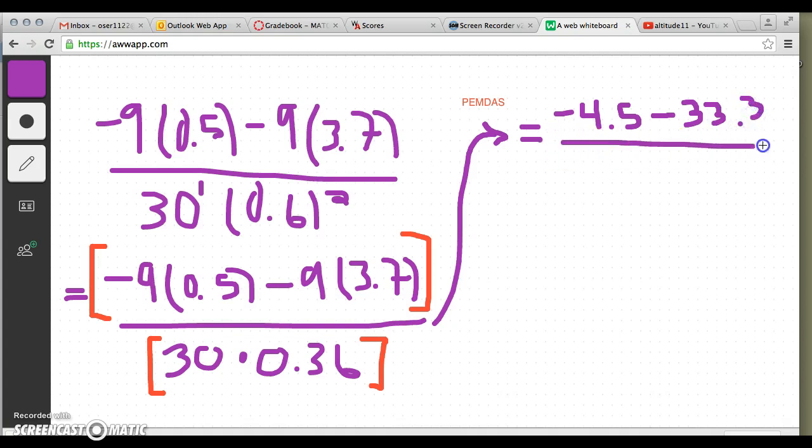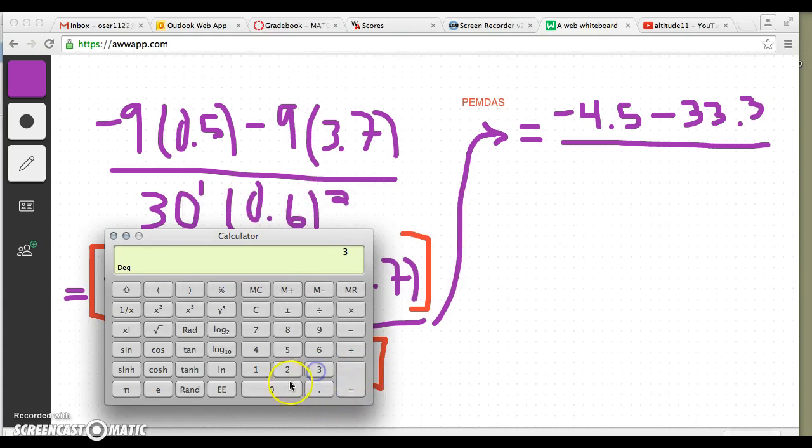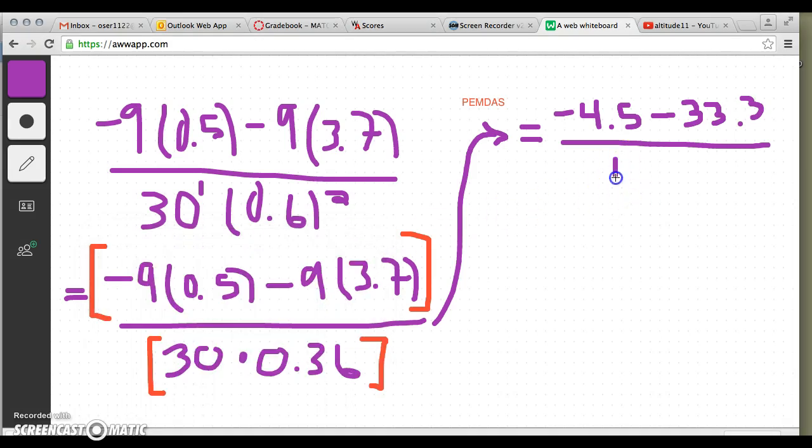And now we're going to move down here to our denominator. And what we have here is 30 times 0.36. And that is 10.8. Okay, so once again, guys, just a reminder, notice that overall we have a big division problem here.